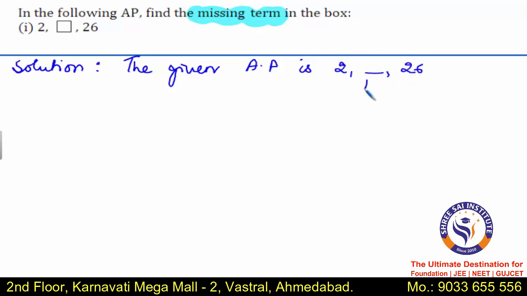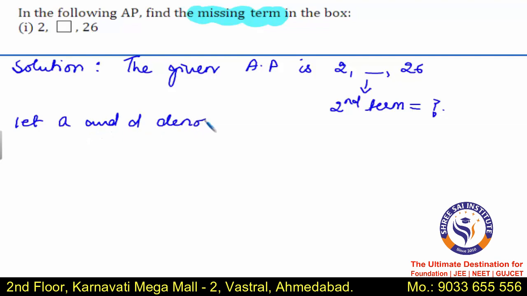We have to find the second term of the given AP. For the given AP, let A and D denote the first term and the common difference respectively.